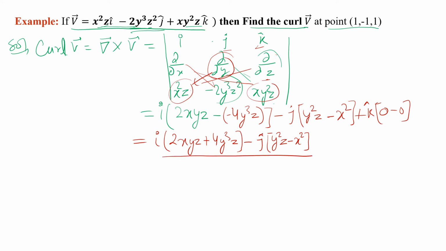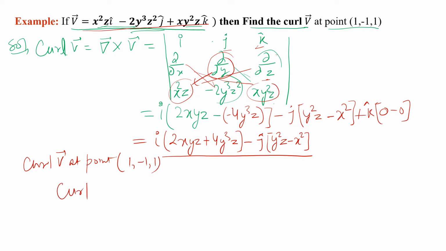Now this is the curl of the vector function, and we have to find the curl of vector v at the given point, and the point is 1, minus 1 and 1.